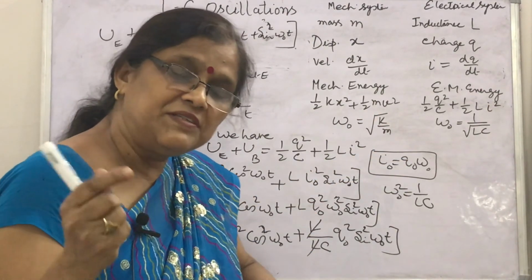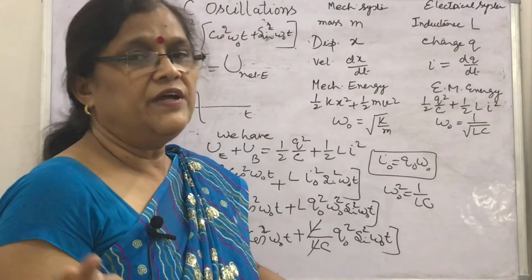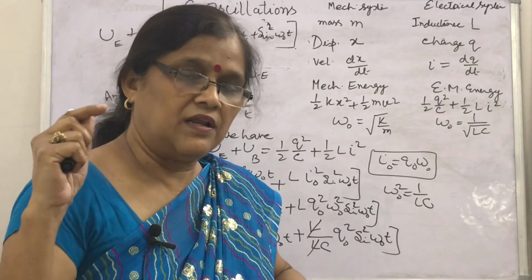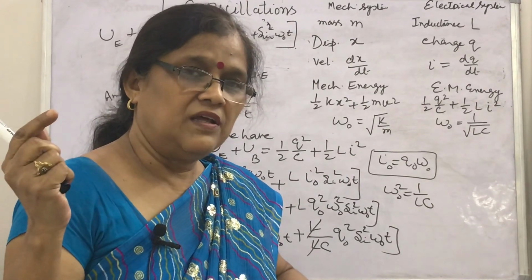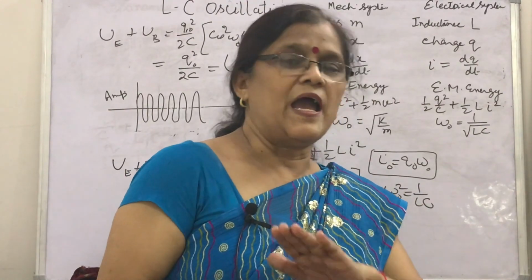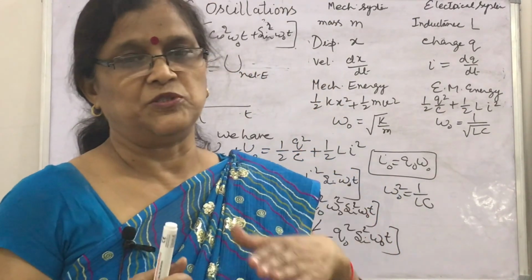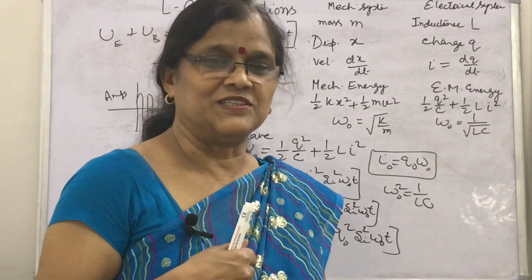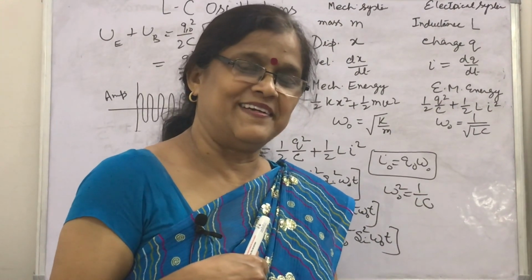So what we have seen today is that whenever a charged capacitor discharges through a non-resistive inductance coil, electrical oscillations of constant frequency and magnitude are produced. These are called LC oscillations. I hope you must have enjoyed it. Thank you.